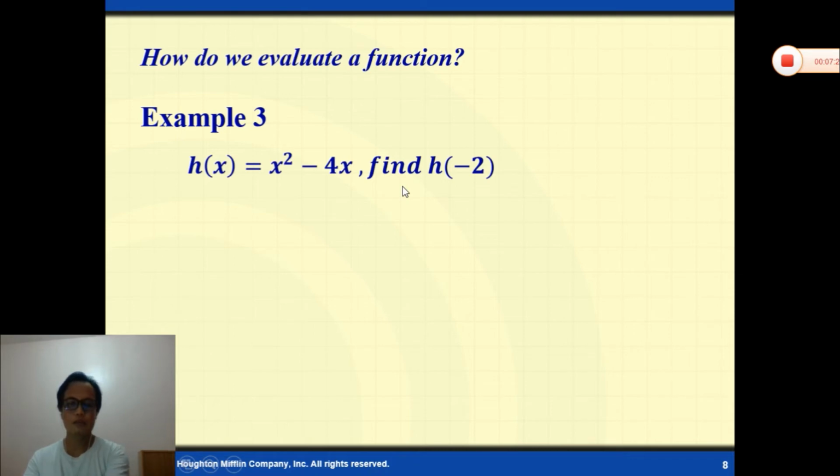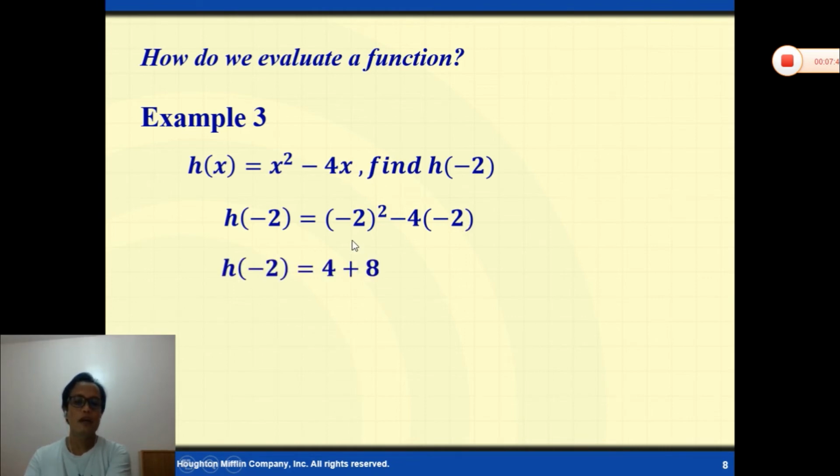So this will become h of negative 2 equals negative 2 quantity squared. Since we have the exponent here, we substitute negative 2 for x, and negative 2, then quantity squared, we copy minus 4, then we have the x here, we change that with negative 2.